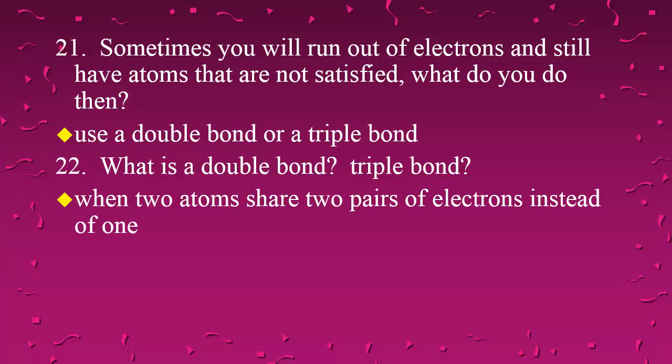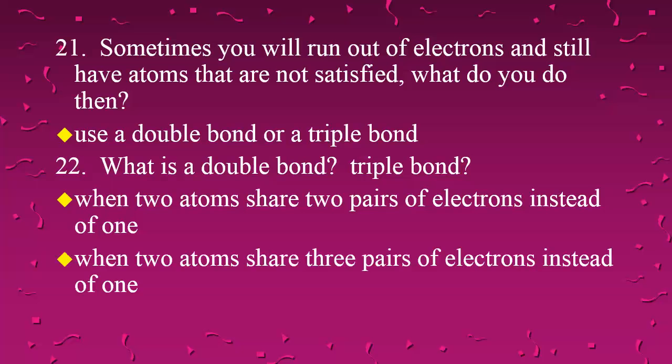A double bond is when 2 atoms share more than a pair. If they share 2 pairs, then we call it a double bond. If they share 3 pairs, we call it a triple bond. Double and triple bonds are special tools that you use only when you have run out of electrons and somebody is not happy.